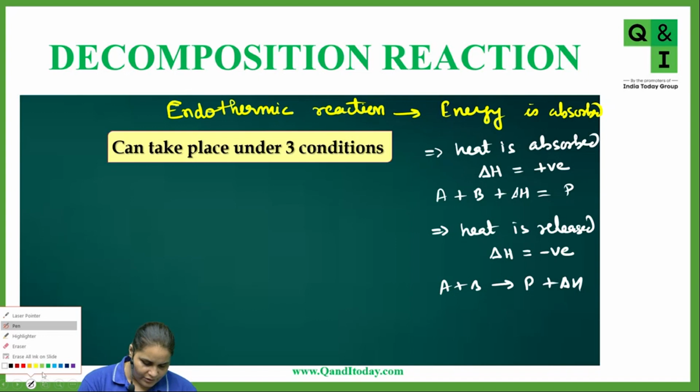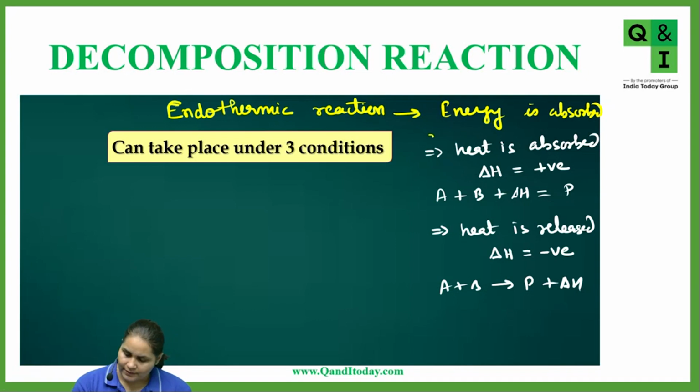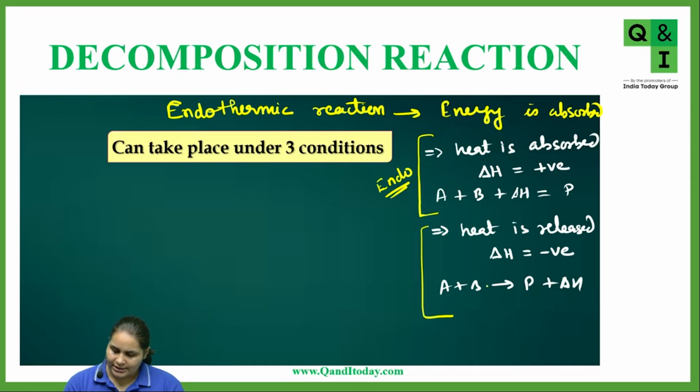So the first one you just saw is for the endothermic reaction, and the second case is for exothermic reaction. Am I clear? Okay, so please note down, then I'll erase it.